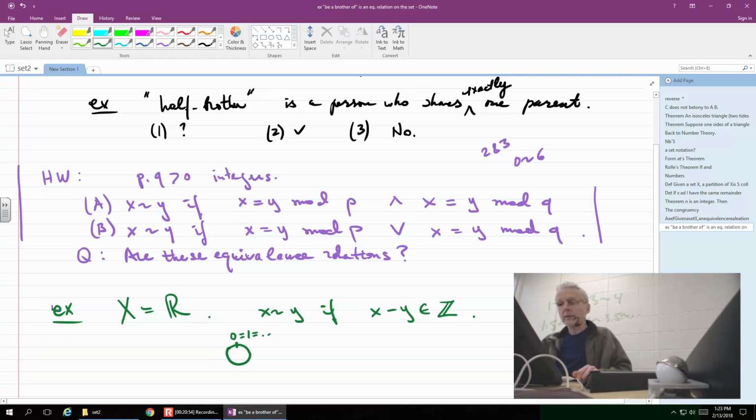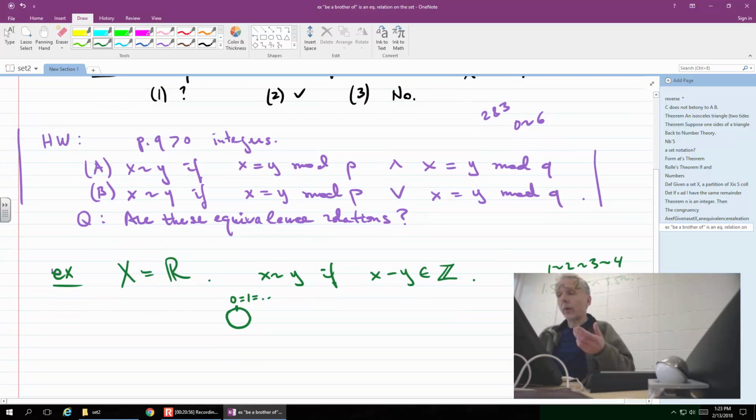Okay, so that's another equivalence relation, which you can think about as a parametric curve of this circle. You can think of it as rotations, where past, say, 2 pi, you start repeating itself. So all of these are very important examples of equivalence relations.